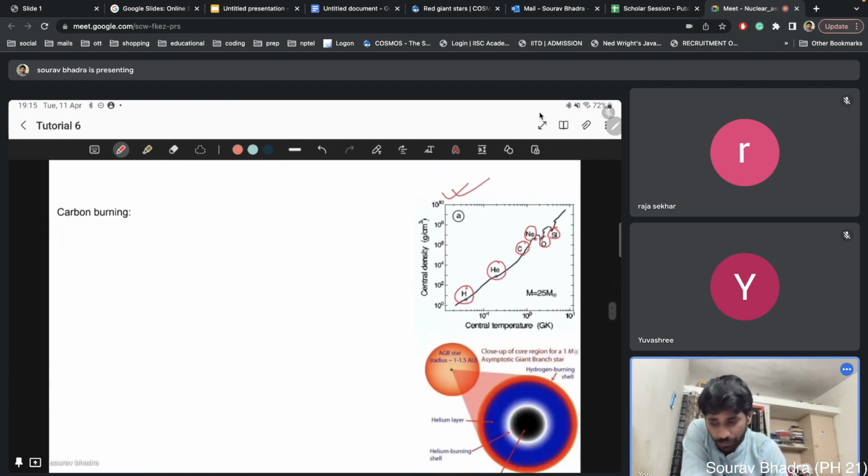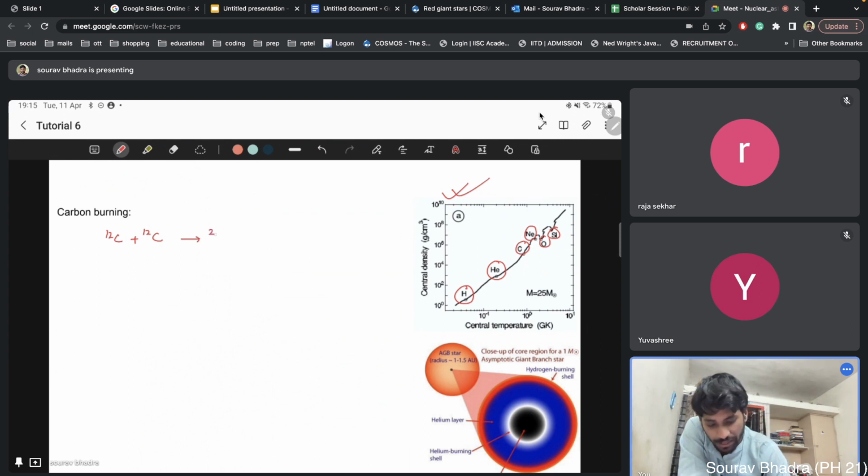So once carbon is produced, there is carbon burning. As I told you, burning means fusion of two similar types of elements, that is called burning. So proton burning is p plus p, helium burning is alpha plus alpha, and for carbon burning it is 12C plus 12C. That's why in the CNO cycle, I told you that is not burning, actually it is a subsequent reaction, not burning.